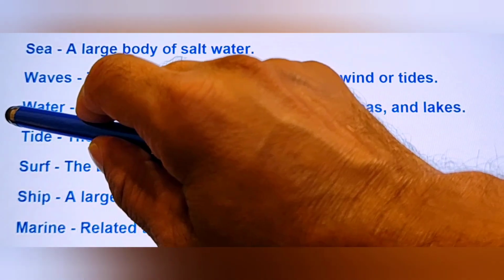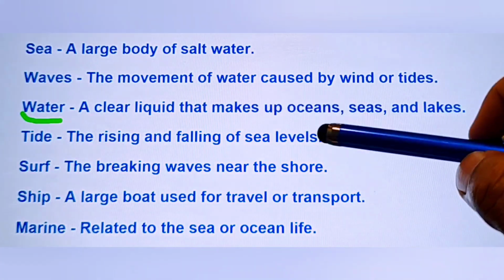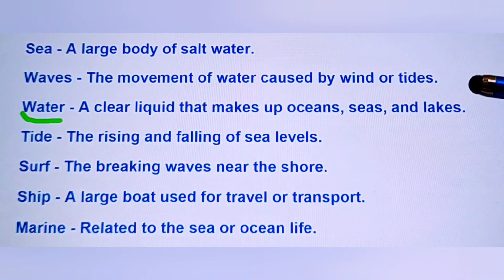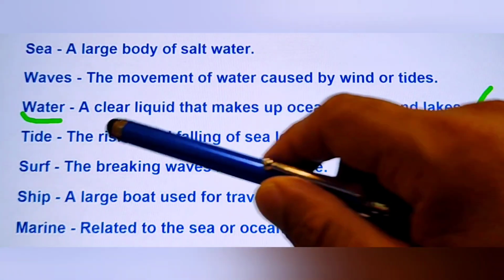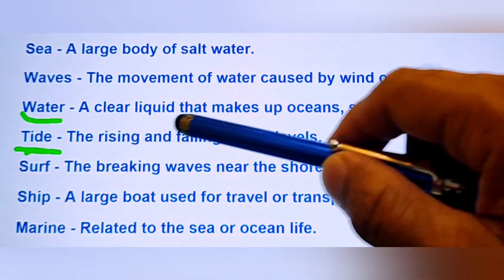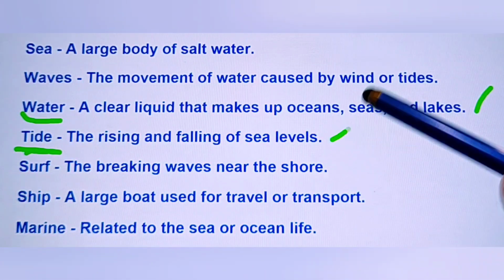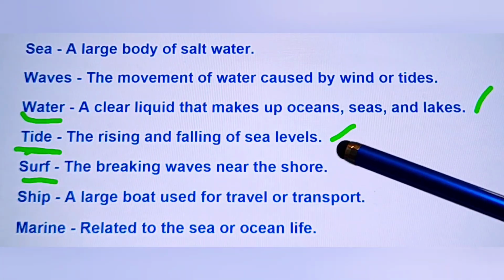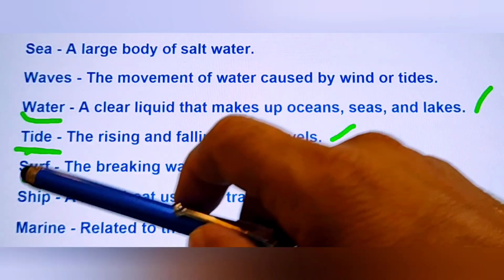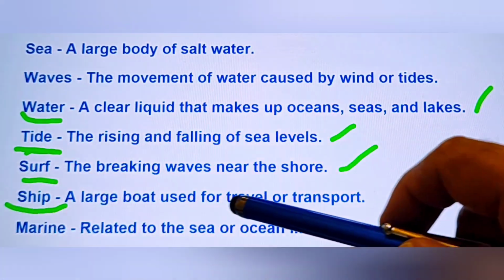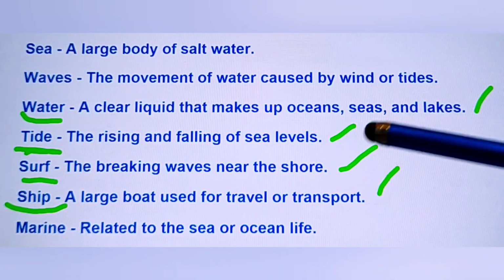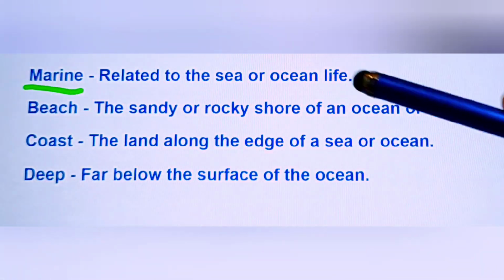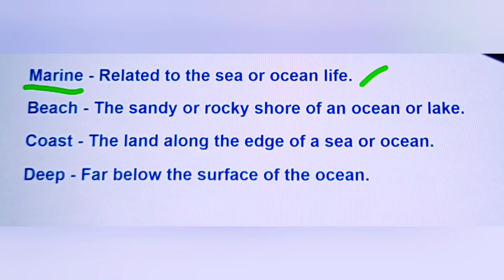The next one is water: a clear liquid that makes up ocean, sea and lakes. Next here is tide: the rising and falling of sea level. Next here is surf: the breaking wave near the shore. Ship: a large boat used for travel or transport. Marine: related to the sea or ocean life.